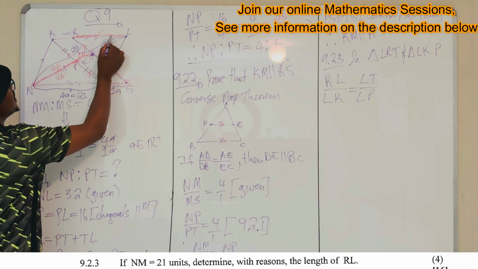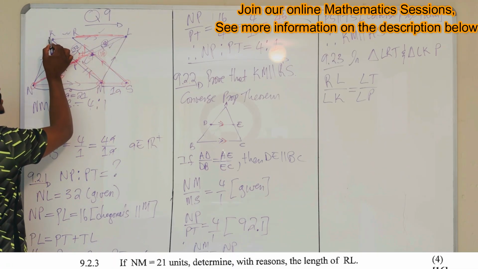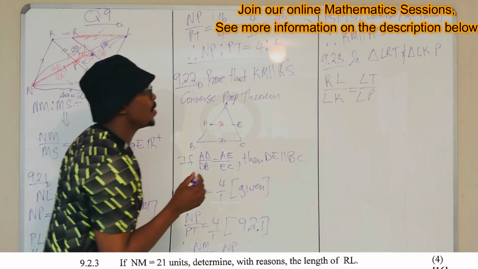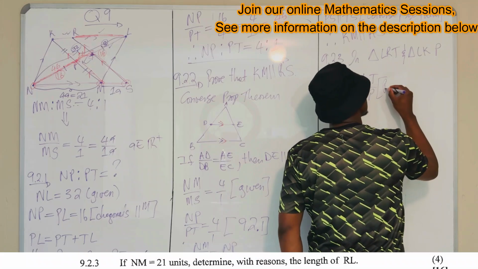I said LR over LK is equal to LT over LP. The reason I'm applying this is the proportionality theorem.